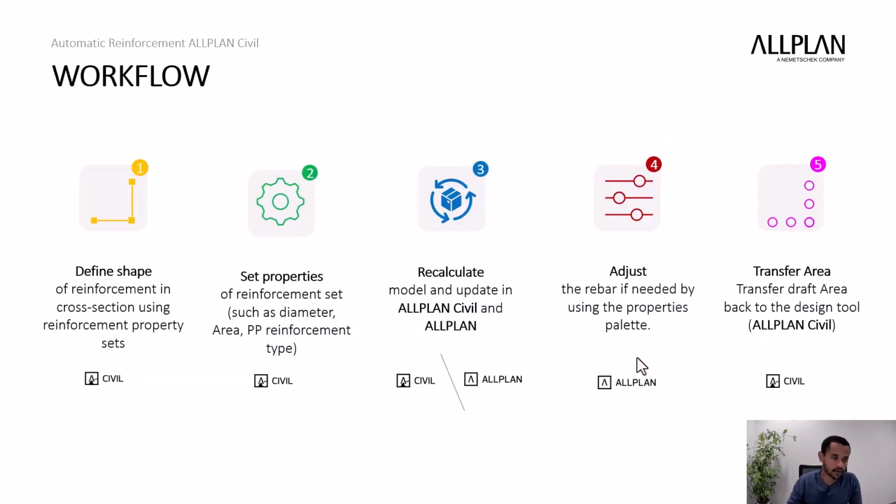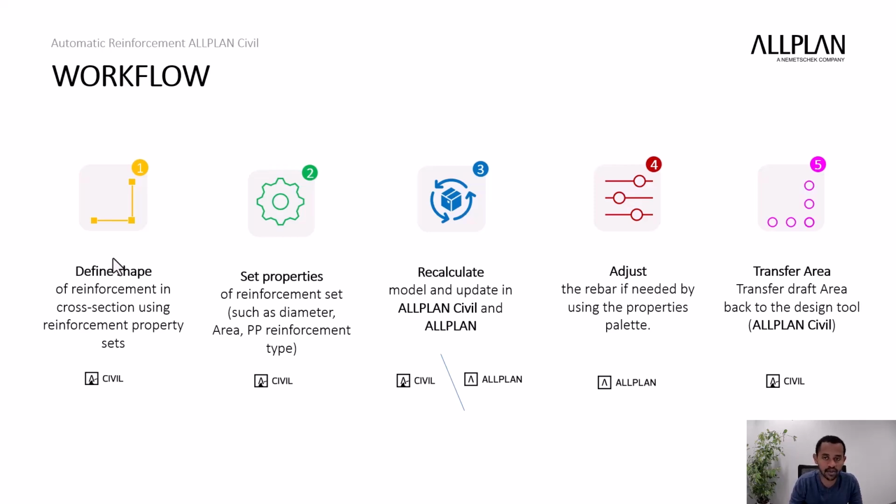I will dive into the workflow, but just to give you an overview of how it would work, before we jump into the product: first, we have to define a set of shapes that define the reinforcement. If it's, for example, transversal bars or shear bars, we need to define the shape. If it's a stirrup or tie bars, we need to define that shape. Then we need to set the properties.